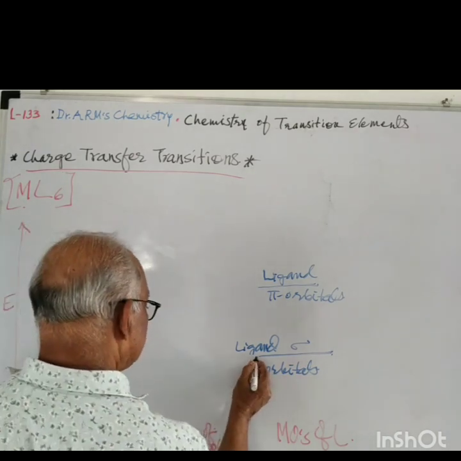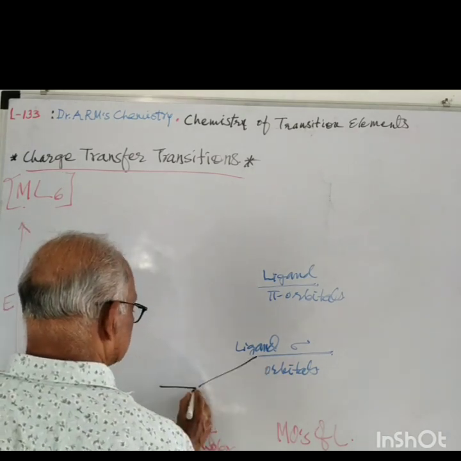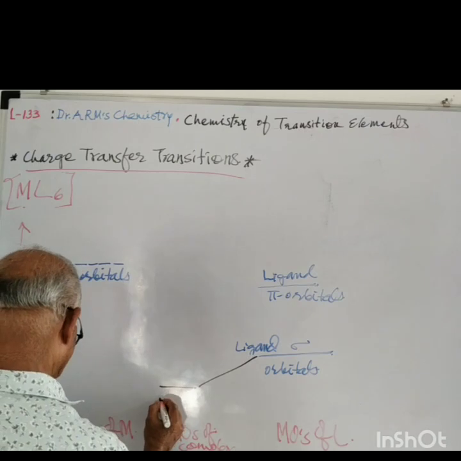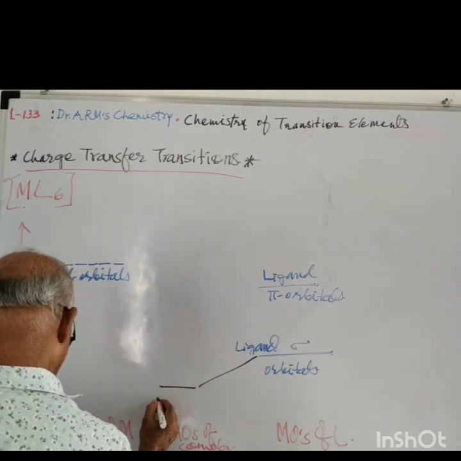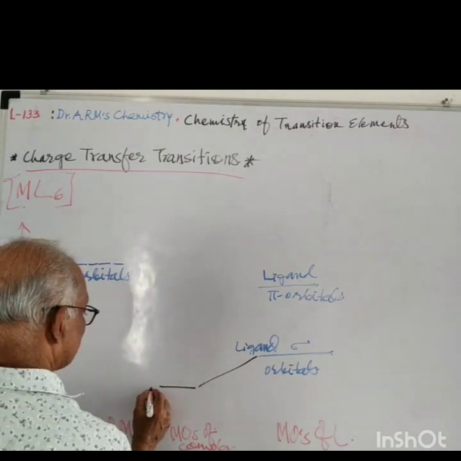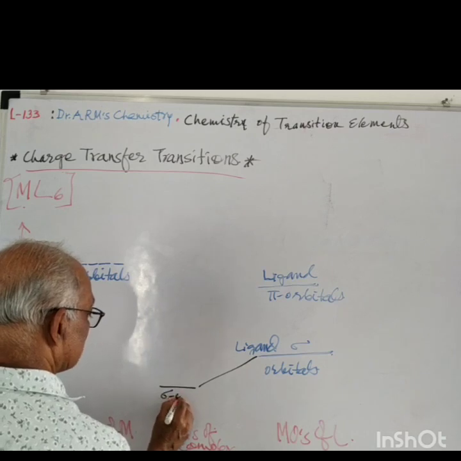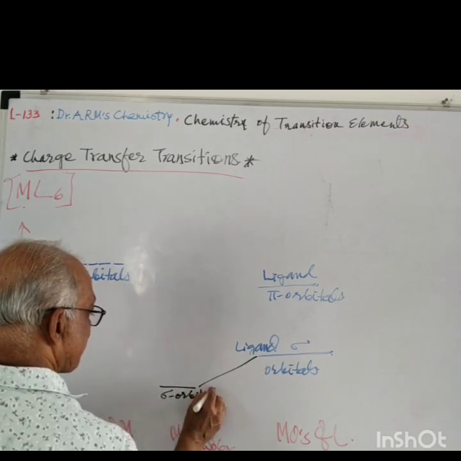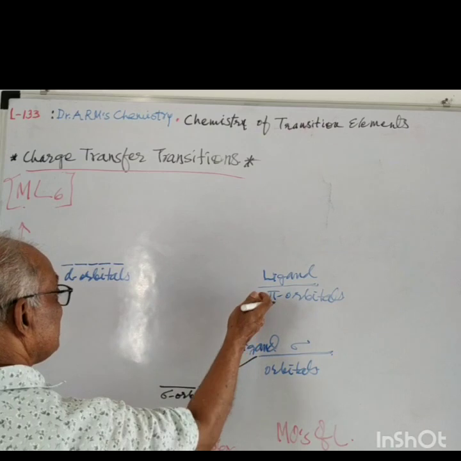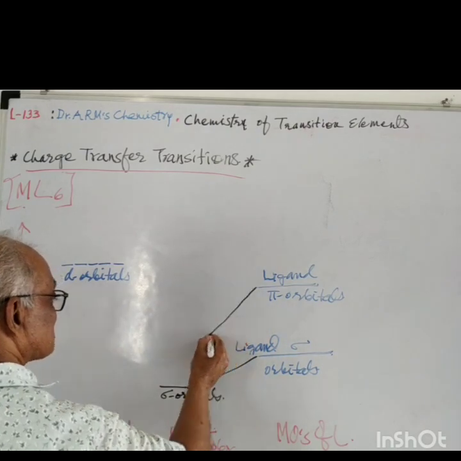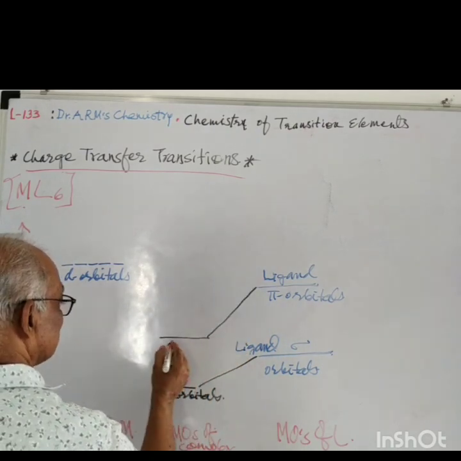So these ligand orbitals are converted into these sigma orbitals, and these pi orbitals are also converted in this way.